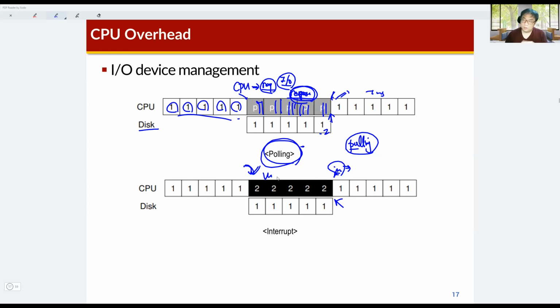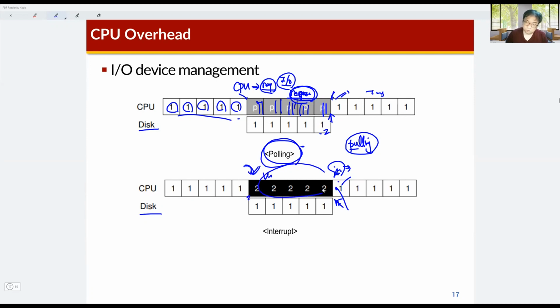Instead, the CPU waits. The CPU continues its own task when the interrupt is raised by this hard disk drive, and then the data is delivered to the CPU. Then the CPU can resume its own job, like this task.